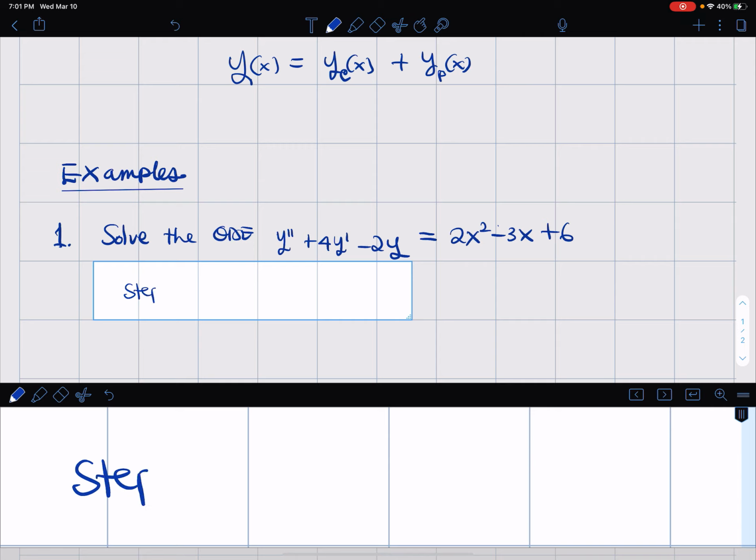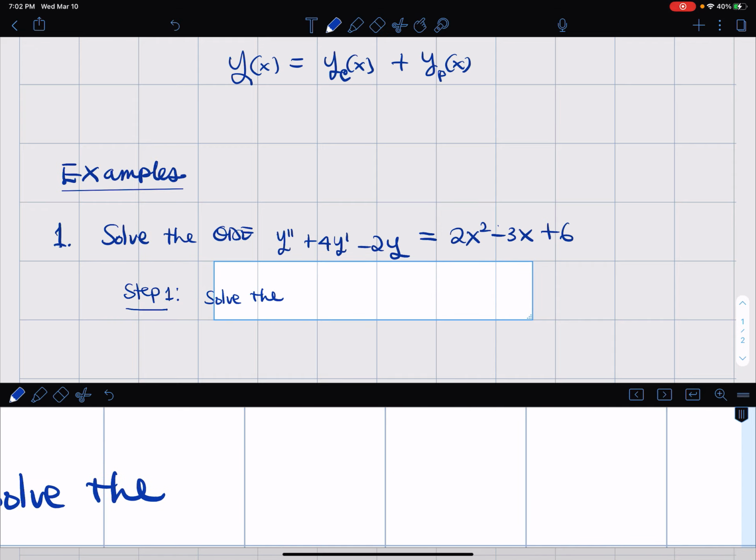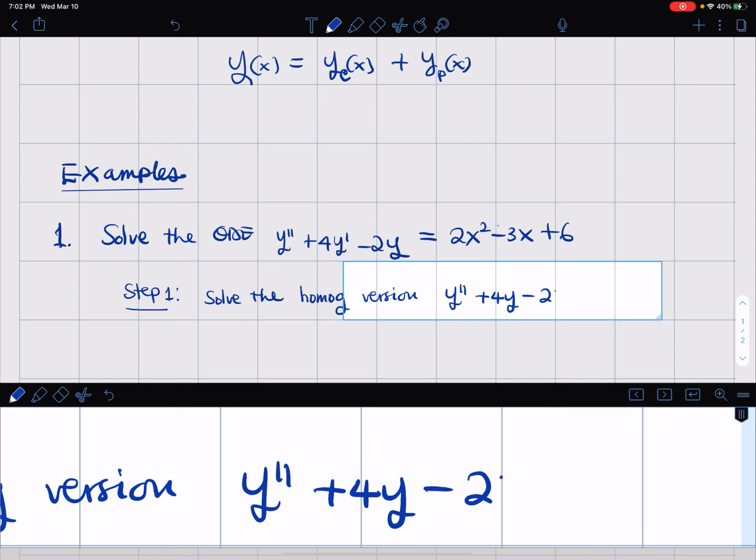Step 1 is to solve the homogeneous version of the ODE, which is y double prime plus 4y prime minus 2y equals 0.